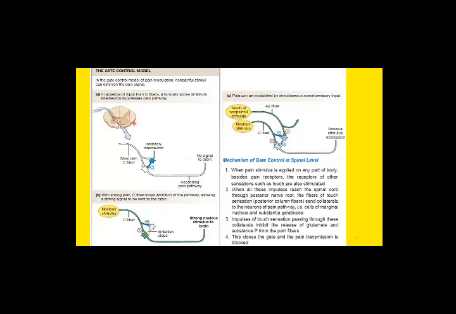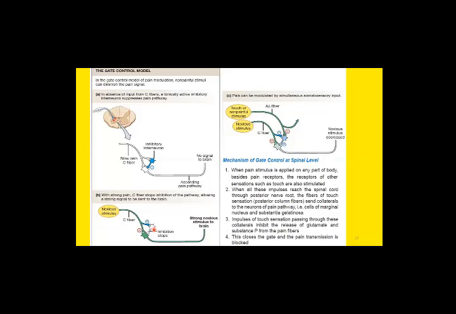This is in the absence of type C input. In figure B, you can see there is a noxious stimulus. With strong pain, the C fibers stop the inhibition. So whenever there is a noxious stimulus, there is no further inhibition from the interneuron.